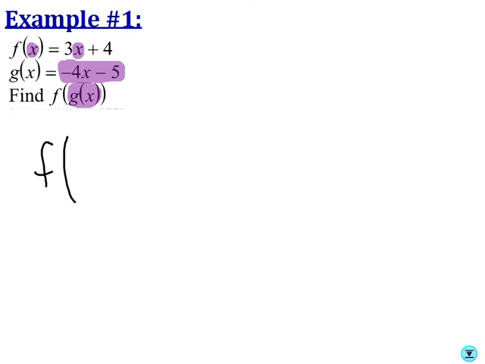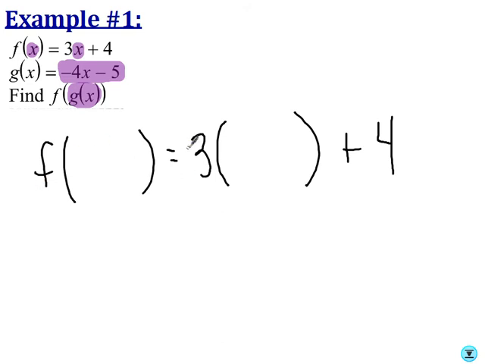f of, I'll leave some space because that'll be g of x, equals 3 parentheses, plus 4. So we would read this as f of x equals 3x plus 4. However, now we're going to plug in the g of x function instead of x.